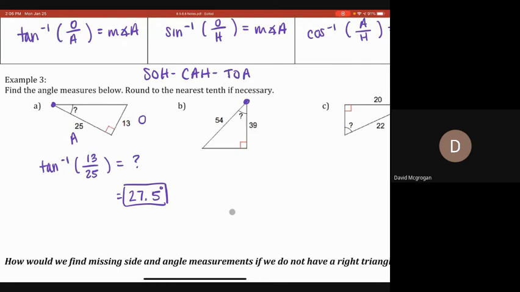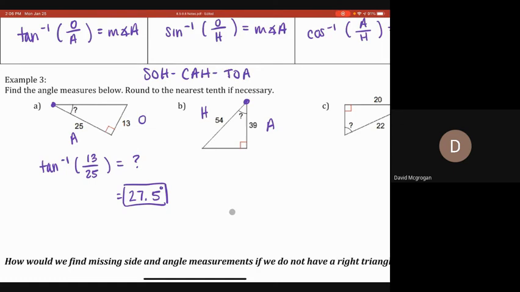Yeah. And then what would 54 have to be? The hypotenuse. So if I have the adjacent and I have the hypotenuse, then Sebastian K, which ratio should I use? Cosine.